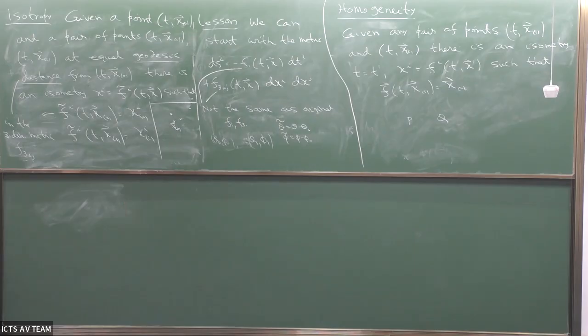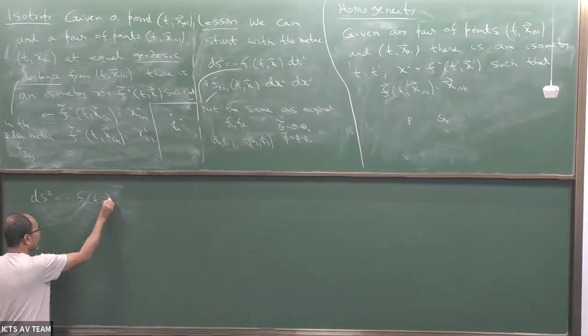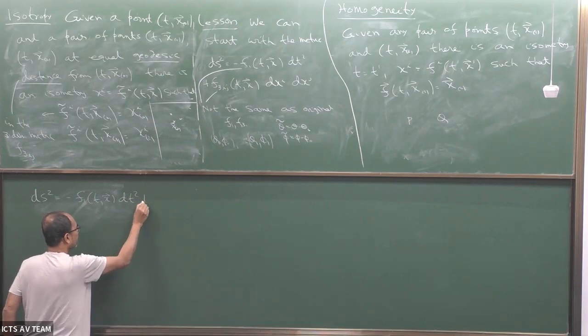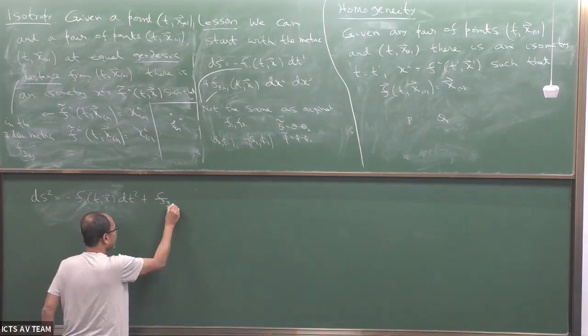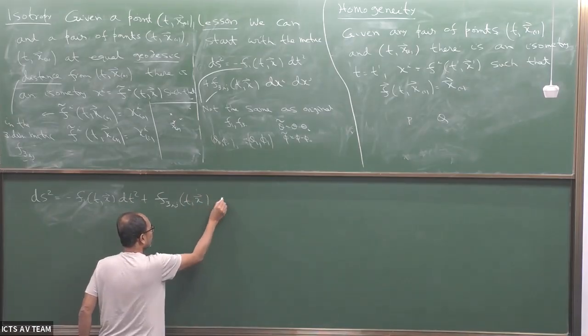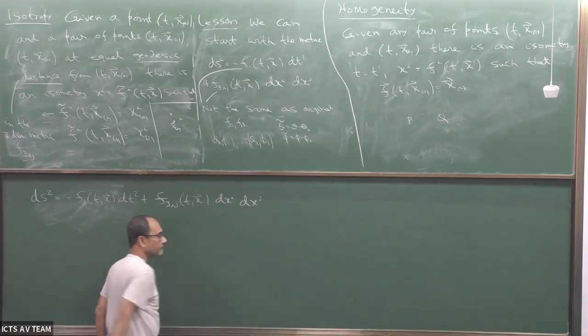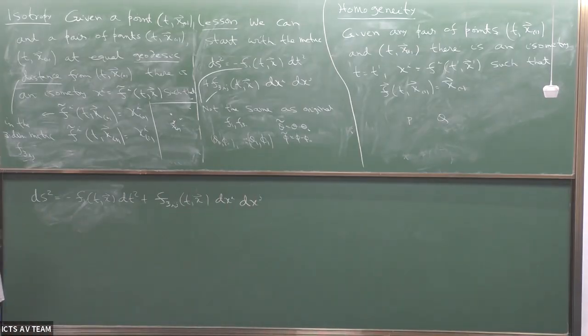Okay, so now let's get down to trying to find those isometries. Recall that we had this metric ds² = -f1(x)dt² + f3_ij(x)dx^i dx^j.